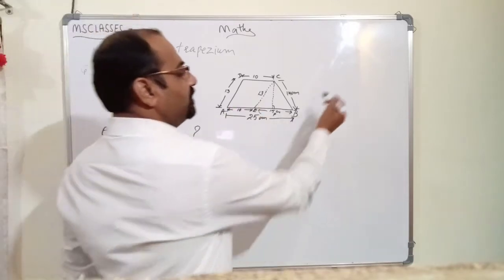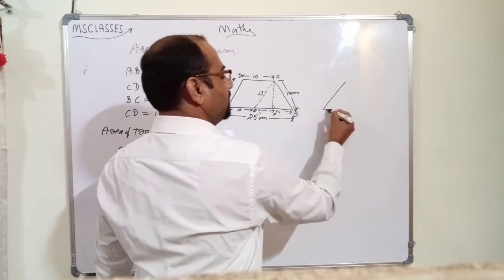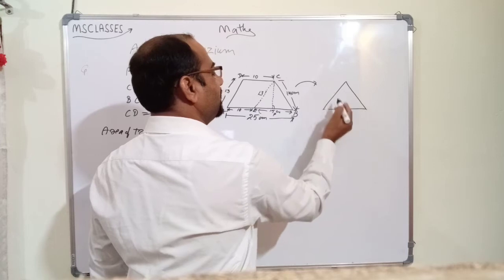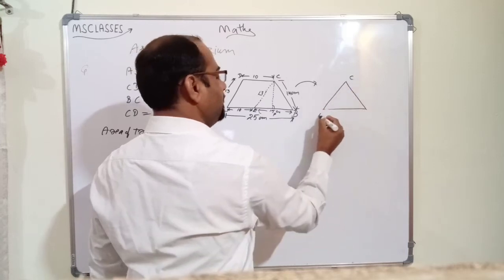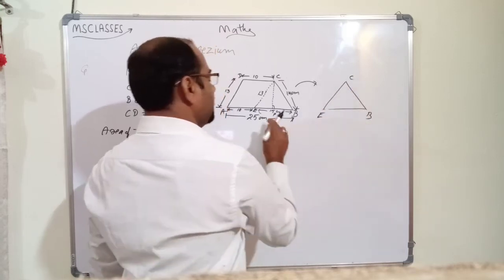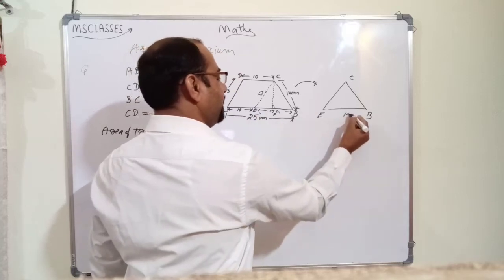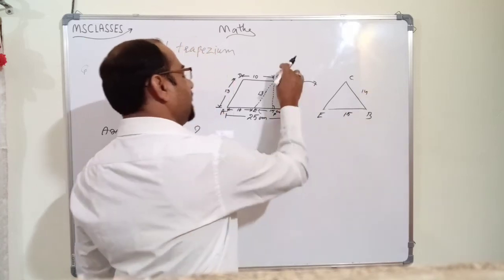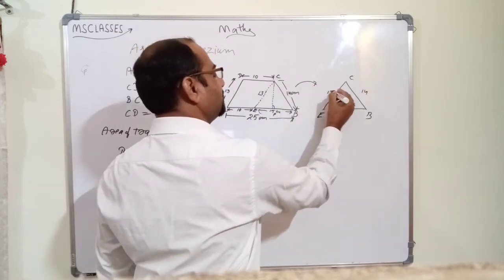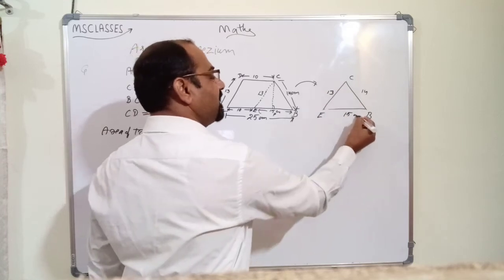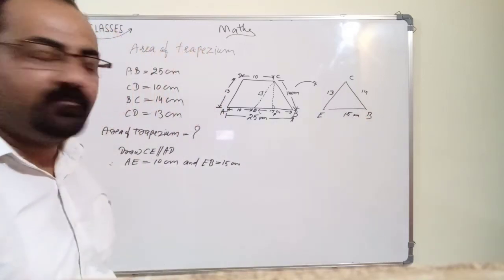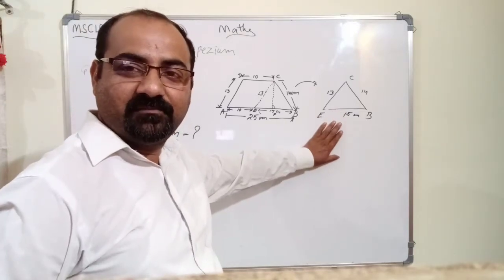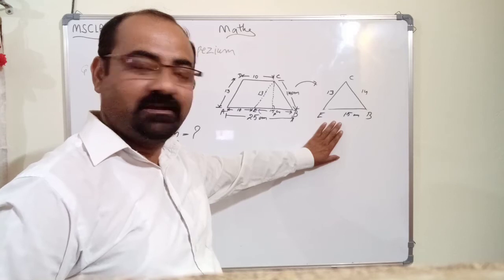So guys, you see, if we take this triangle CEB outside, EB is equal to 15, BC is equal to 14, and CE is equal to 13. All these are in centimeter. Now how can we calculate the area of this triangle? Very simple, by using Heron formula, right?